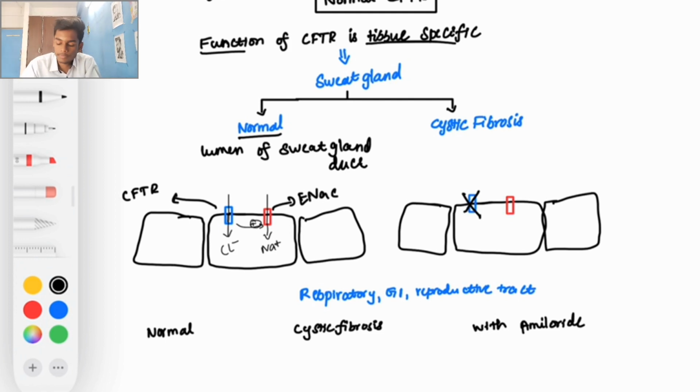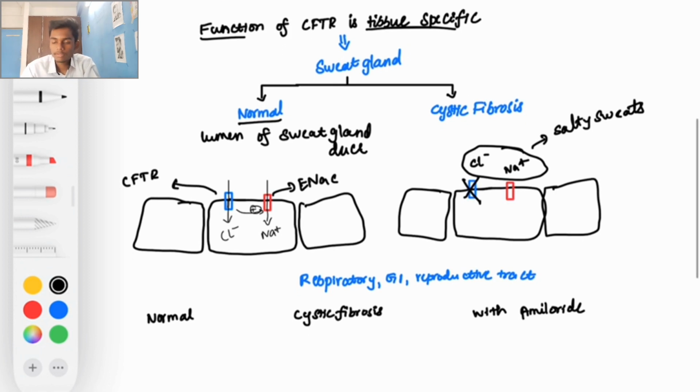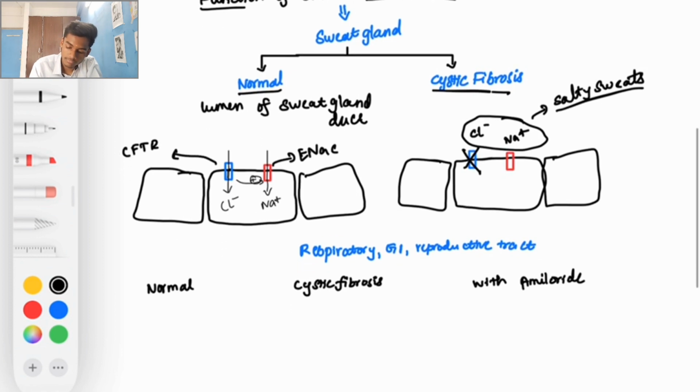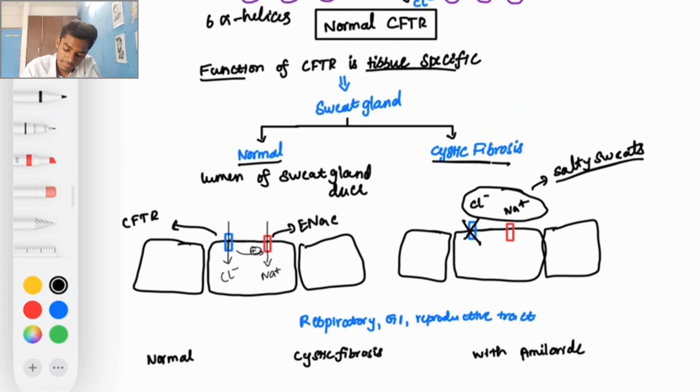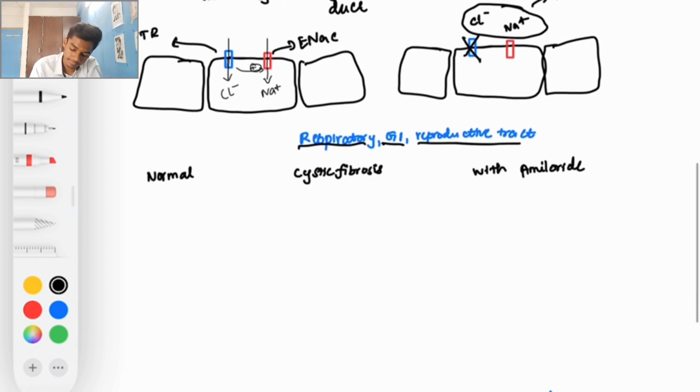Now, when the CFTR is not present, there will be no augmentation, so sodium will be present in the lumen of this duct, and chloride will also be present. So there is increased sodium chloride in this sweat. So there will be production of salty sweat. In children who have cystic fibrosis, we can see they will be having salty sweat. The function of CFTR is tissue specific. So in the sweat gland it was working like this. In the respiratory tract, gastrointestinal and reproductive tract, its function is different.